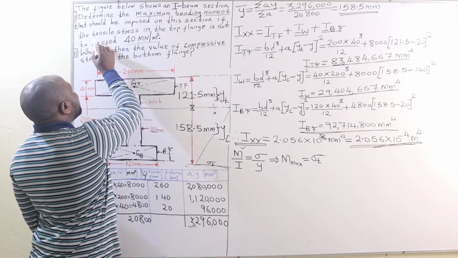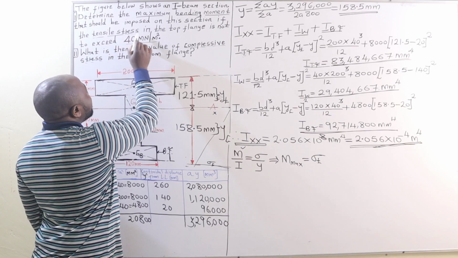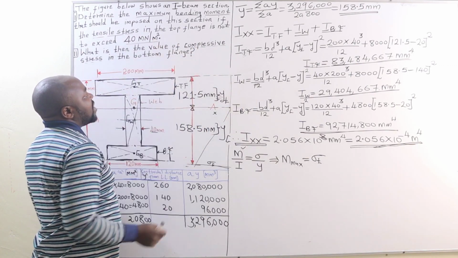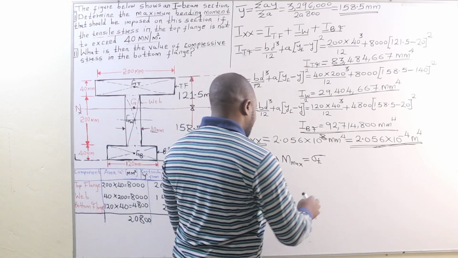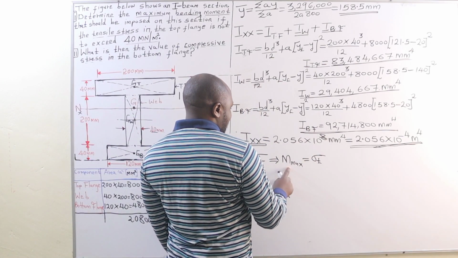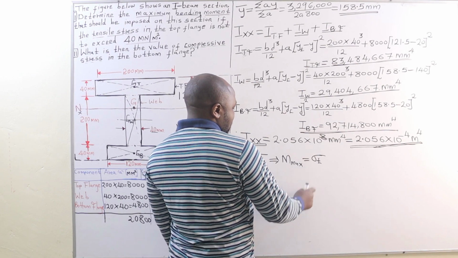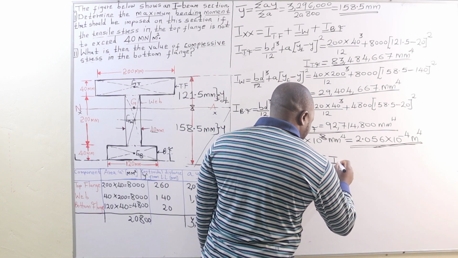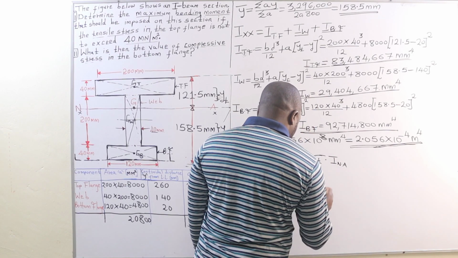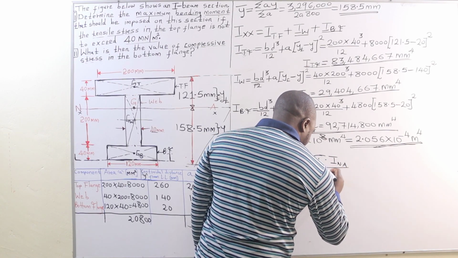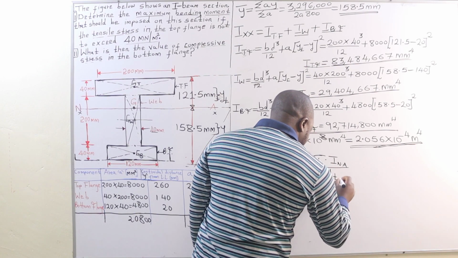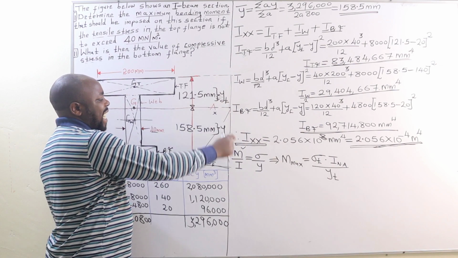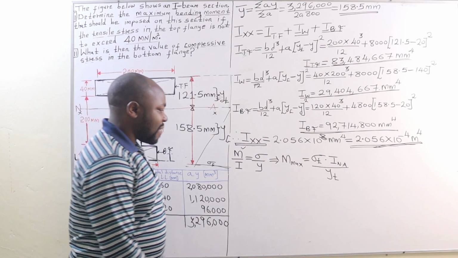Since we are being told that the tensile stress in the top flange is not going to exceed 40 meganewtons per square millimeter, the maximum bending moment is equal to tensile stress multiplied by the moment of inertia about the neutral axis of the whole beam section, all over YT. That is the section subjected to tensile stress.